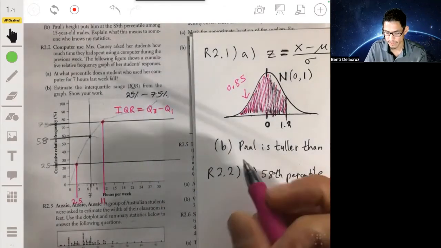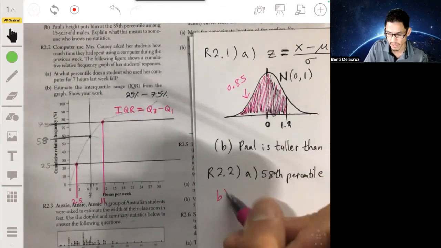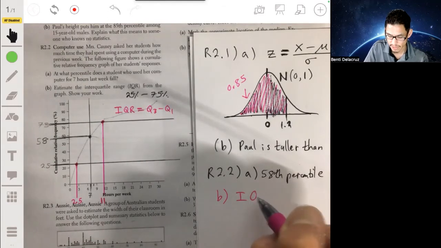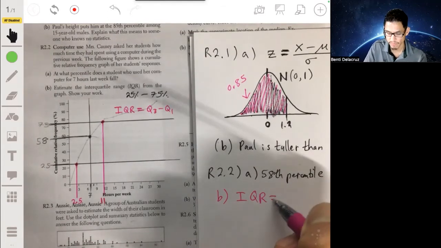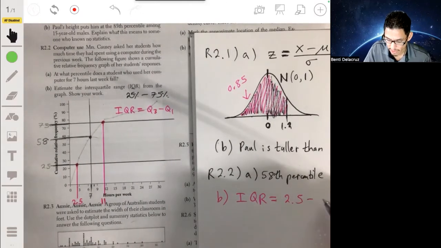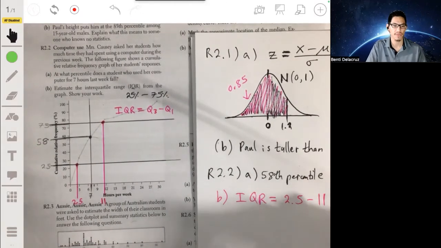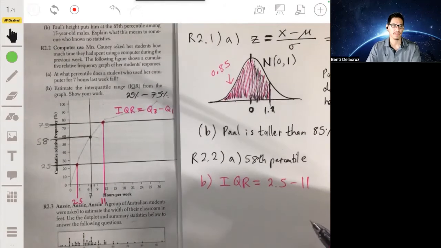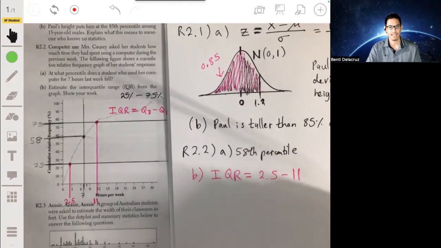So if a teacher wanted to be strict for part B, if you wrote your answer as IQR is 2.5 to 11, that technically would be wrong based on the formal definition in stats books.